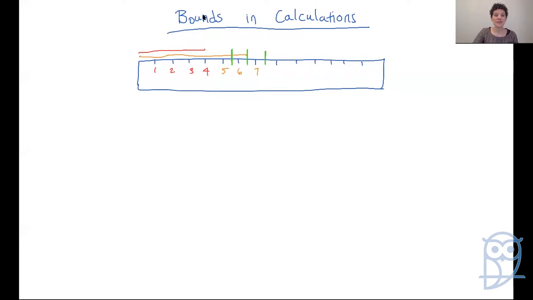So if we put this into something a little bit more fancy, we would say that our lower bound is less than or equal to our measurement, with units, which is less than our upper bound.